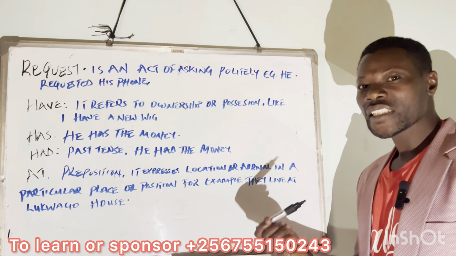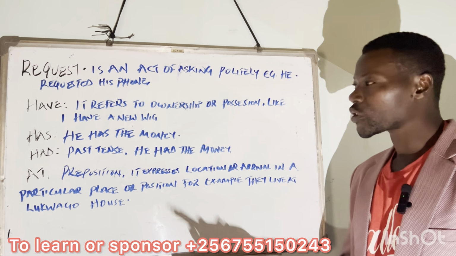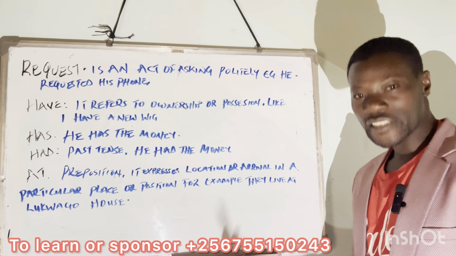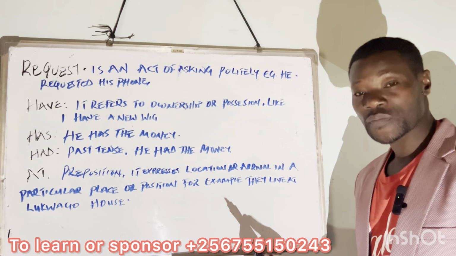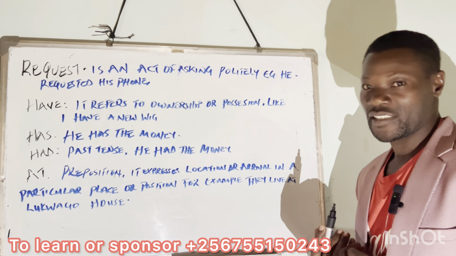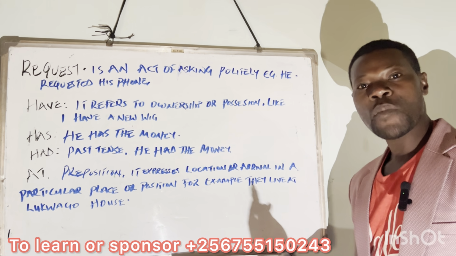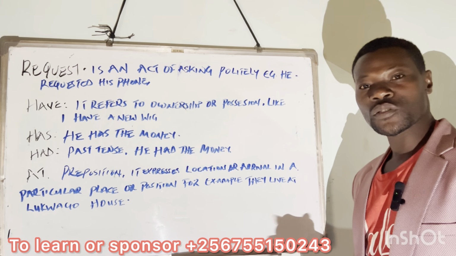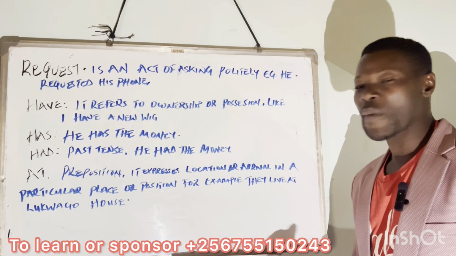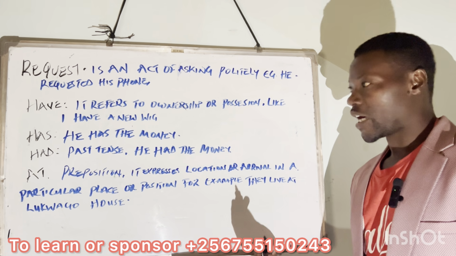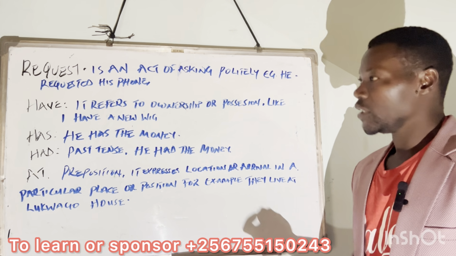If you have something and it's you, you say, I have something. I have a new wig. I have this. It means you're owning that. That sentence is yours, and that thing that you are talking about is yours. Nekyo ekintu kyonna ky'oyogerako kiba kikyo, nga onagamba nina akaviiri akapya. Bwe kityo bwe kikola.